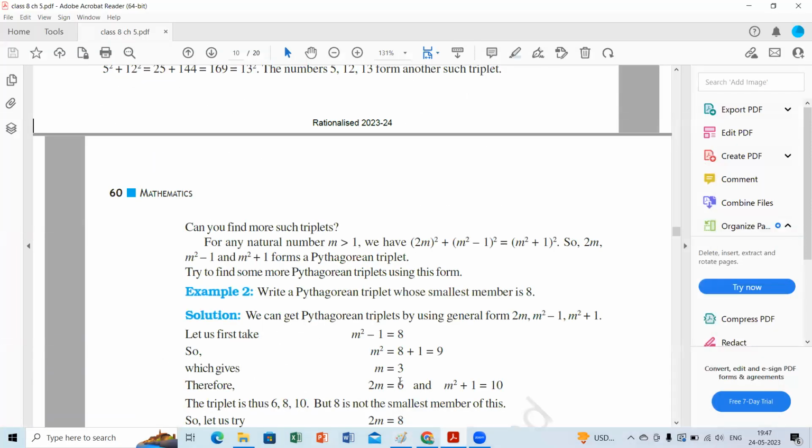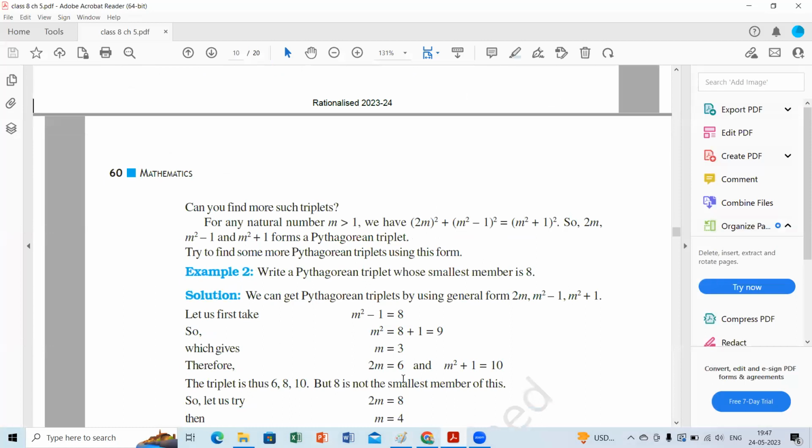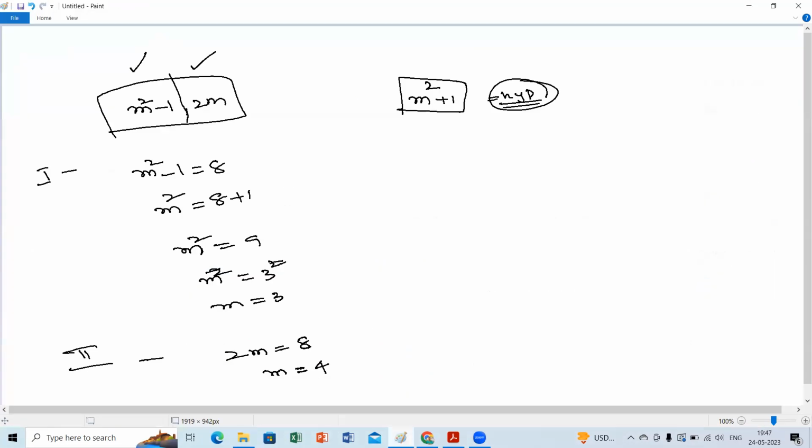You are checking with the first: the smallest number, m is 3, you are getting. In the other case, you are getting m as 4. But in which case is it true? We can find out separately for both cases. In the first case, m value is 3.